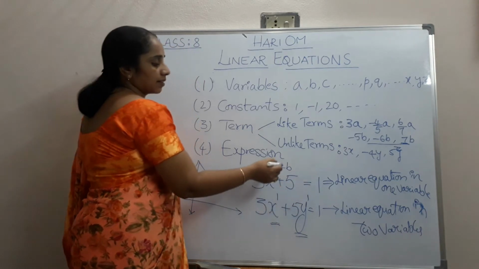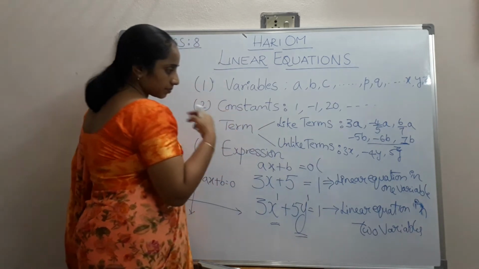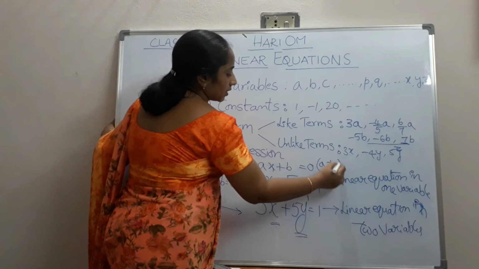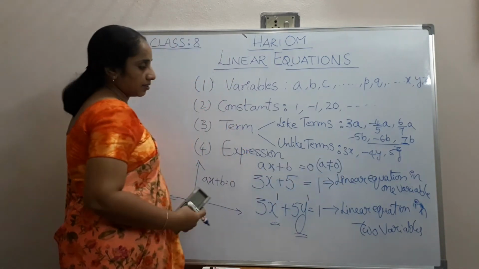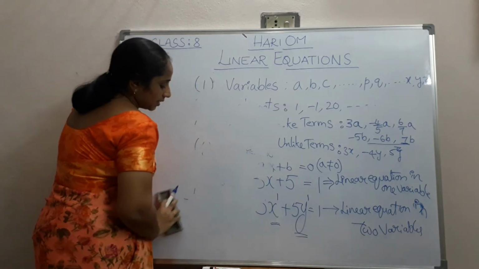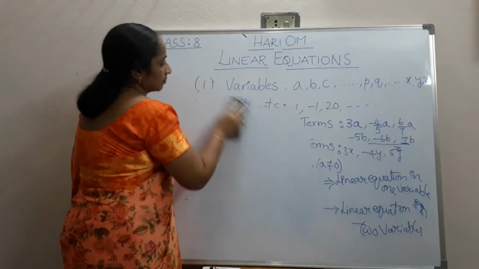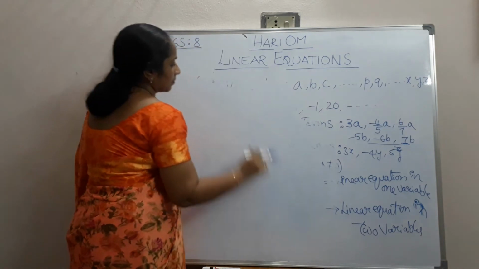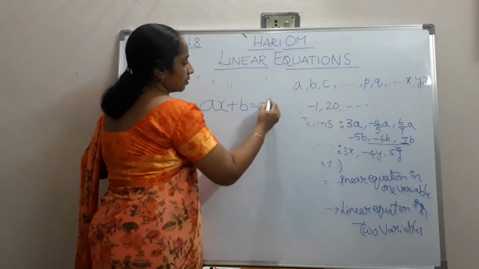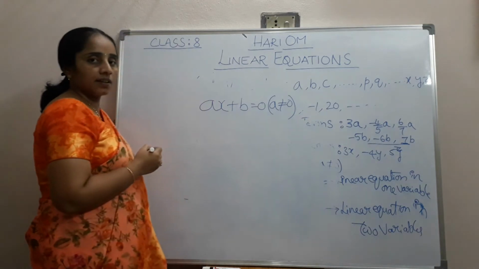If we take this constant to this side, then also it becomes a linear equation in one variable. Here a is not equal to 0. This is the condition. So the general form of a linear equation is ax plus b is equal to 0, where a is not equal to 0. Understood?